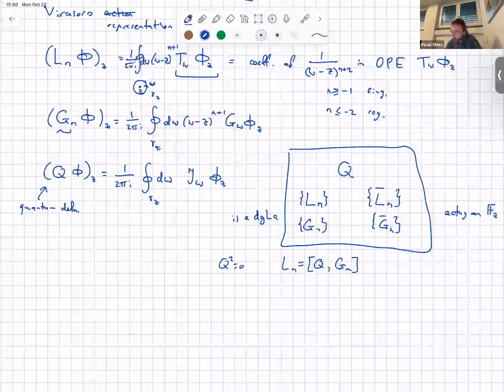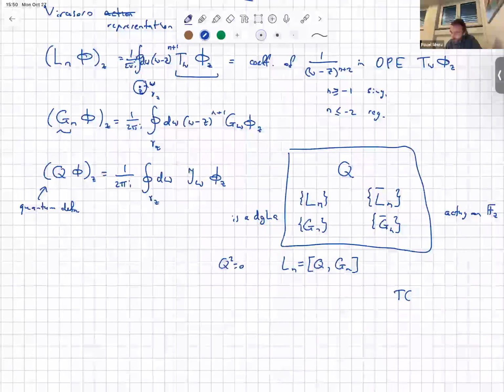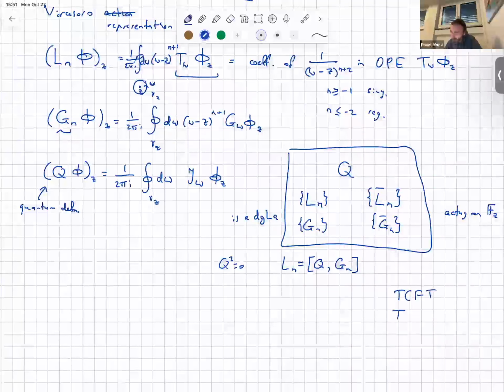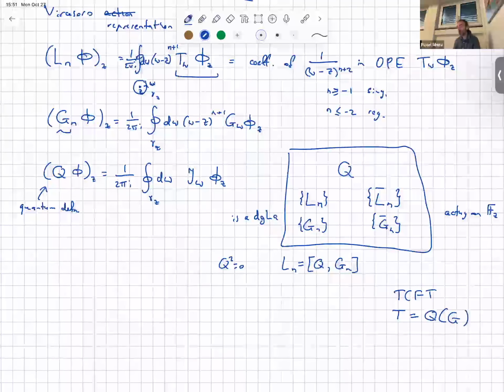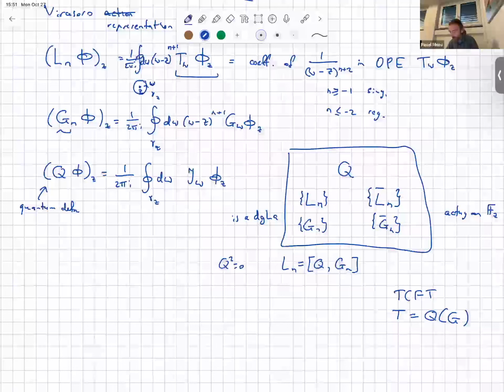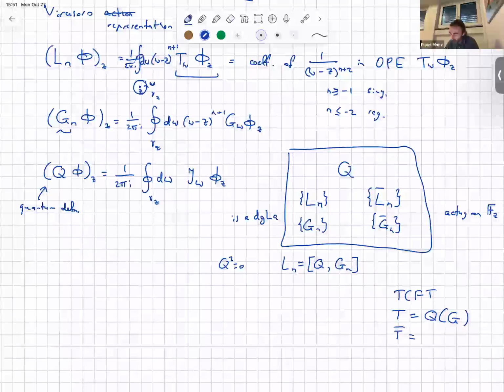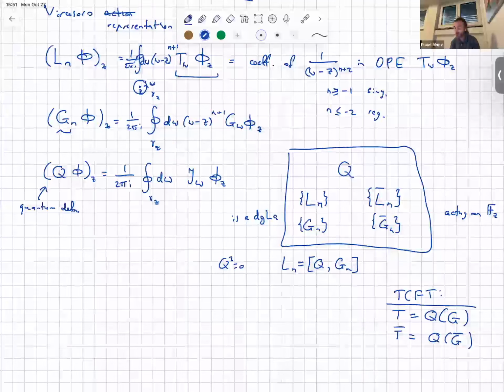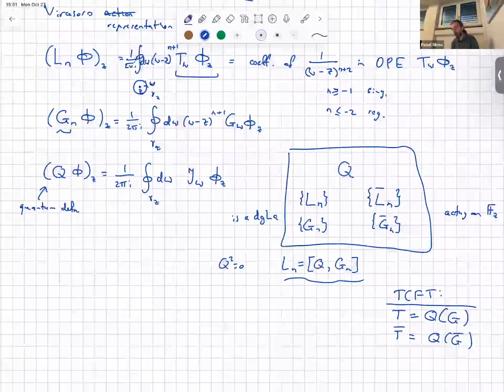Generally, a topological conformal field theory is a theory where the stress energy tensor is Q exact, and G is the common standard notation for the primitive, for the holomorphic and anti-holomorphic parts. So TCFT is just this structure. For the Virasoro action, for instance, it implies that Virasoro generators are Q exact.